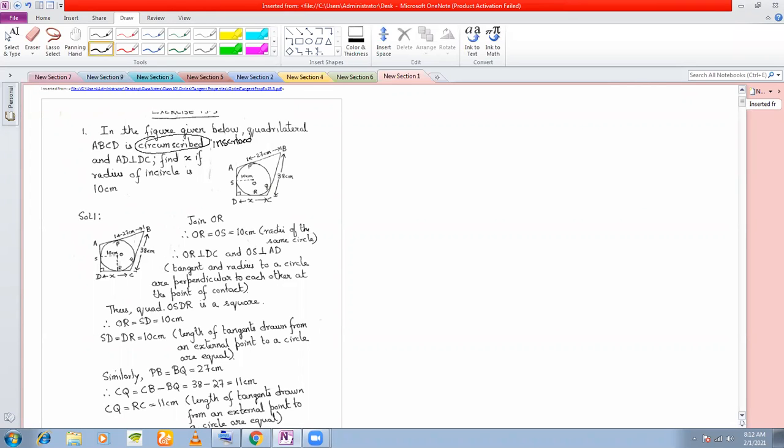Inscribed, not circumscribed. And AD perpendicular to DC. Find X if the radius of the incircle is 10 centimeter. Incircle means the circle that is inscribed. So let us draw the quadrilateral first, and then we shall see.